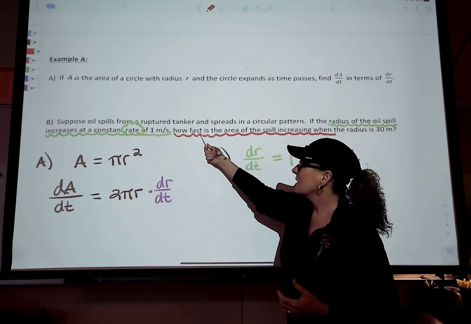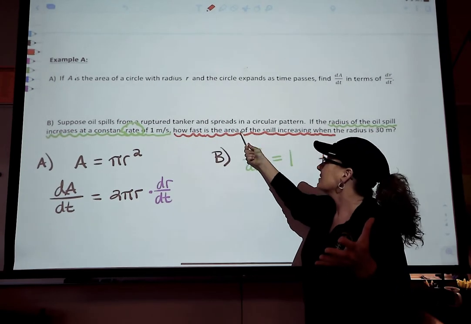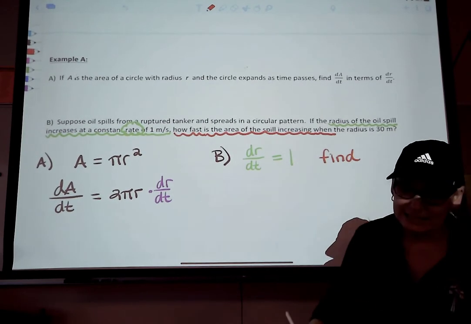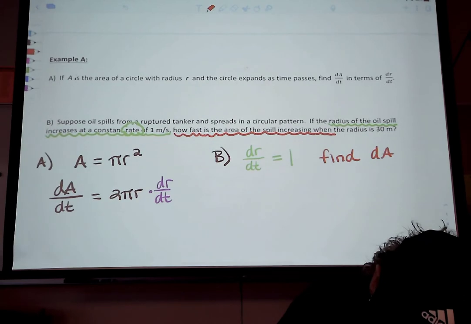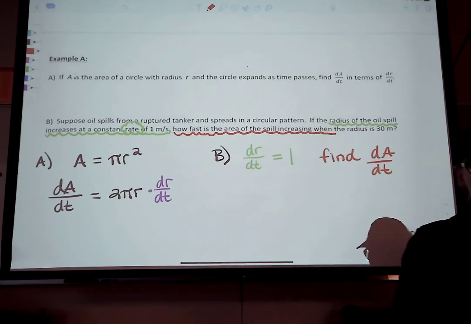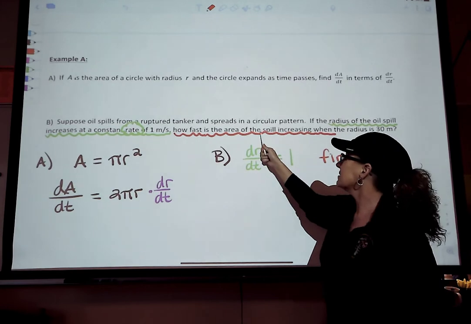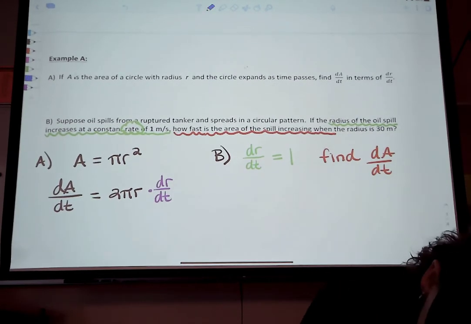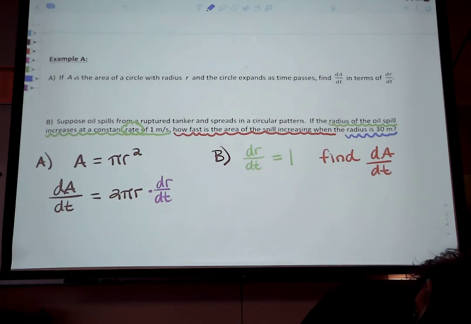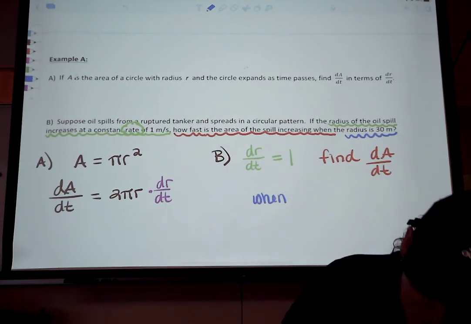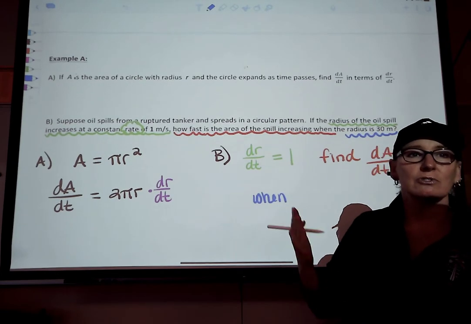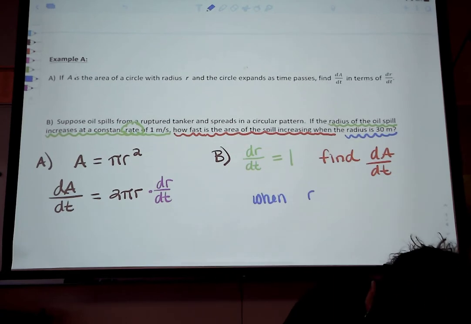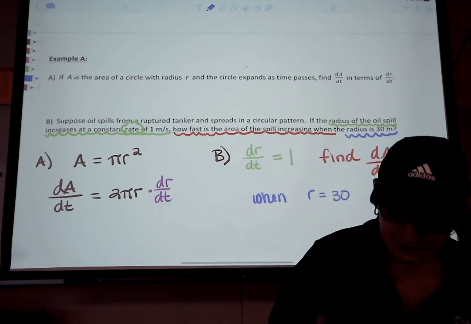So it's telling me to find dA/dt, how fast the area is increasing, at the moment when the actual radius, not the rate, but the actual radius, is 30.